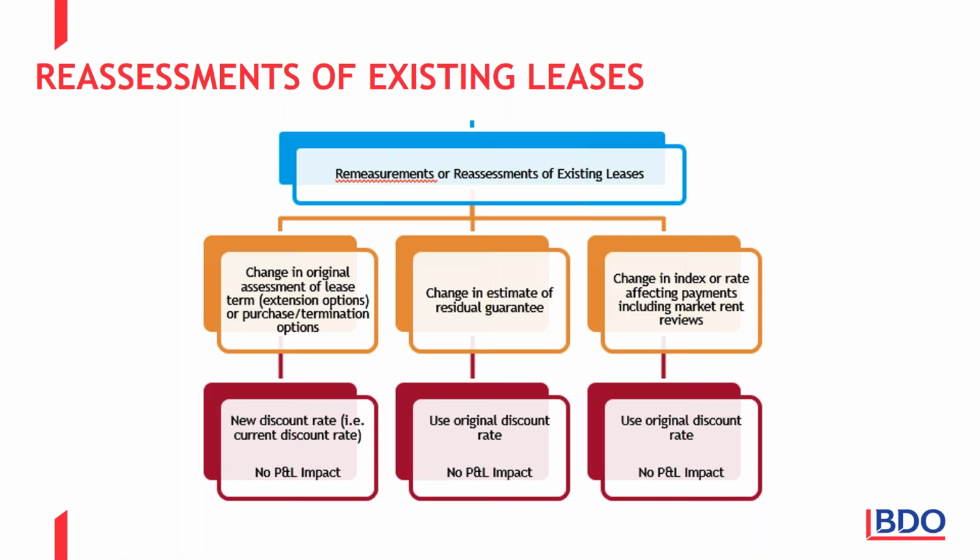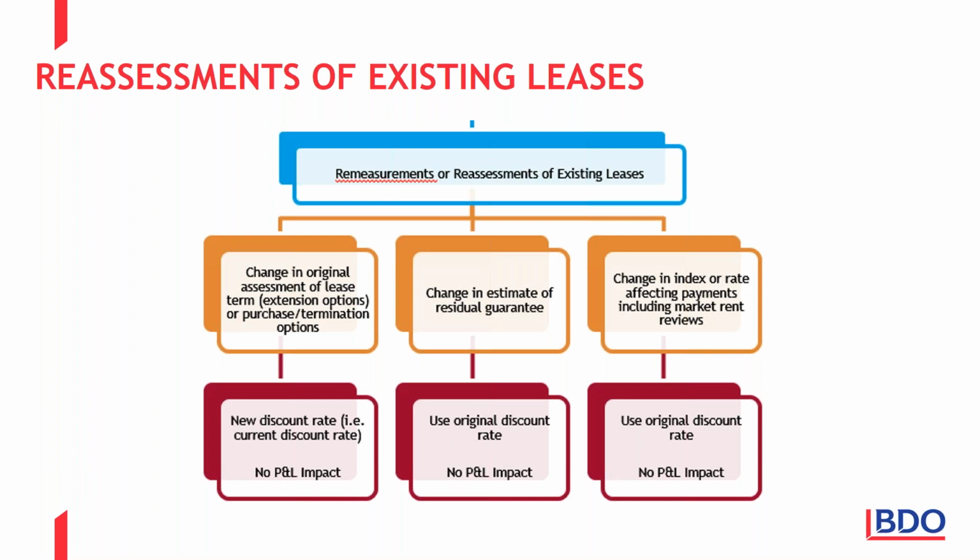When you look at remeasurements or reassessments, the standard allows for 3 types of remeasurements or reassessments of existing leases. The first one on the left-hand side in yellow, there could be a change in our original assessment of the lease term. So it could be because we thought it's reasonably certain to use an extension option, and now we change our mind.